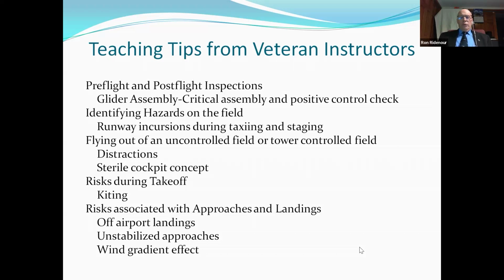So, risks associated with approaches and landings. There are all kinds of risks, but we'll talk about a few of them. Off airport landings: are you prepared to make an off airport landing? Have you thought about what altitudes you want to stop soaring at and start landing at?